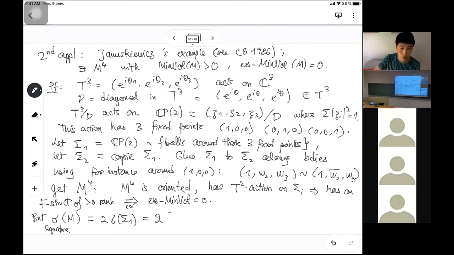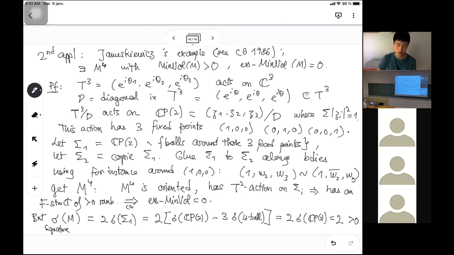You remember sigma 1 is nothing else than the projective space from which you remove 3 balls. So the signature of sigma 1 is the signature of CP2 minus 3 times the signature of a 4-ball. But the signature of a 4-ball is 0. And so you have 2 times the signature of CP2, which is 2.